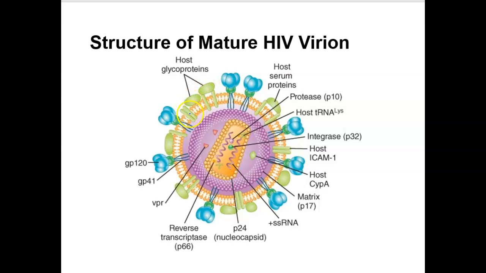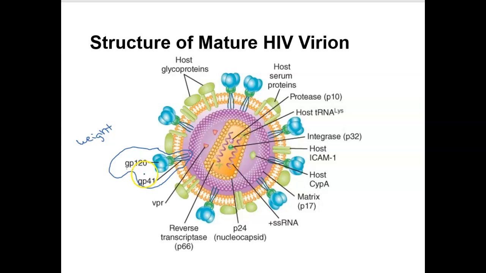So whatever components were in the membrane when it budded off, it's taking those too. So we've got some host proteins. In the viral envelope, you've got the viral glycoprotein. GP just stands for glycoprotein, and 120 and 41 refer to the weight of the protein.